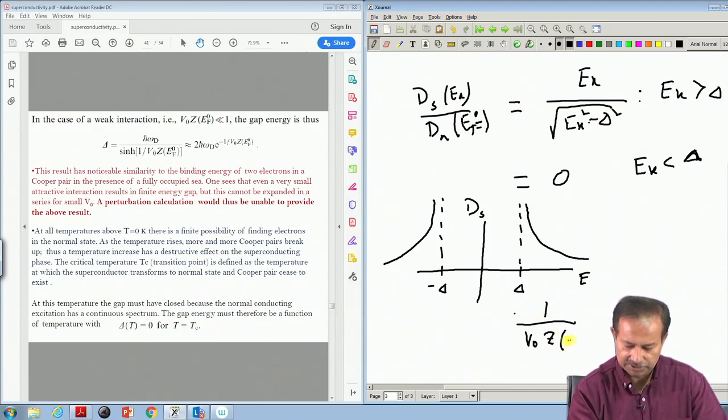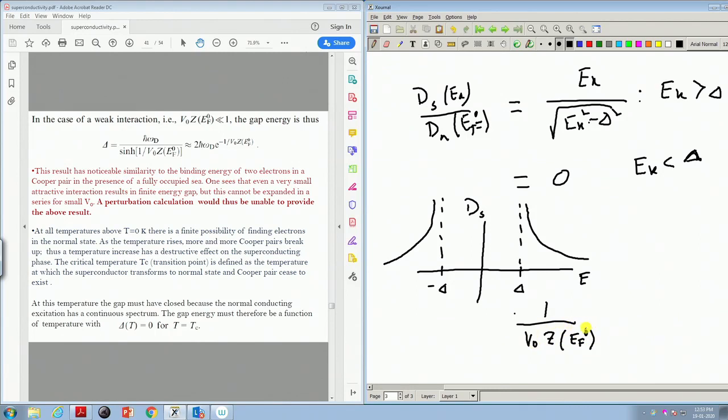This is basically the density of states, and as I said many times, Z or g, the density of states in the normal state, can be written as 1 over E f. The ballpark figure is correct. That is the typical scale of the density of states at the Fermi level, and so this becomes of the order of this.